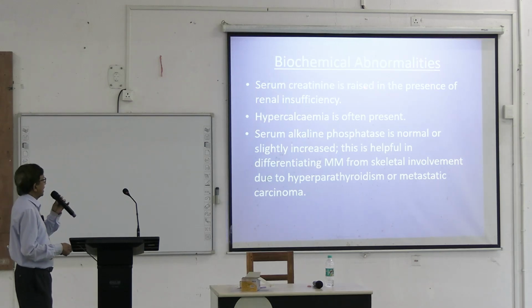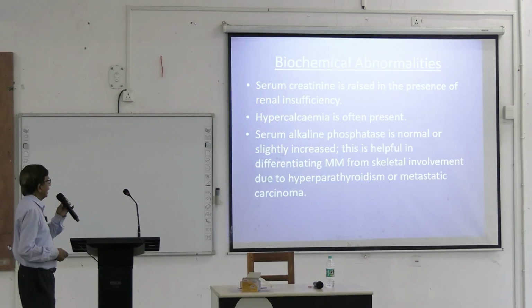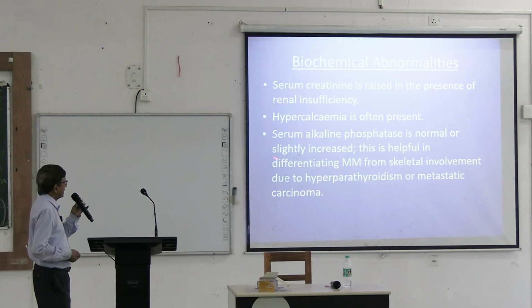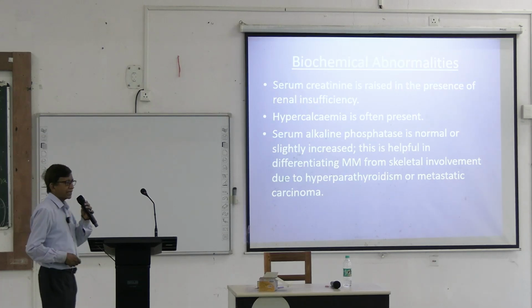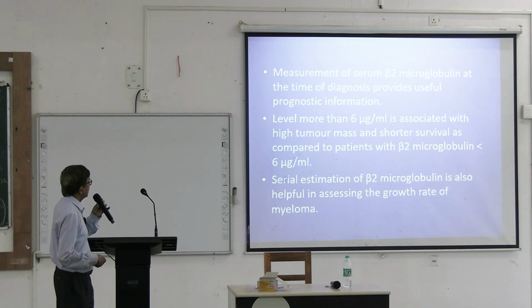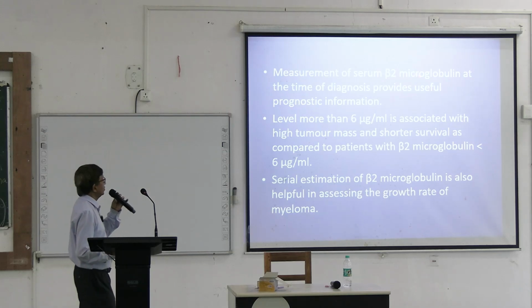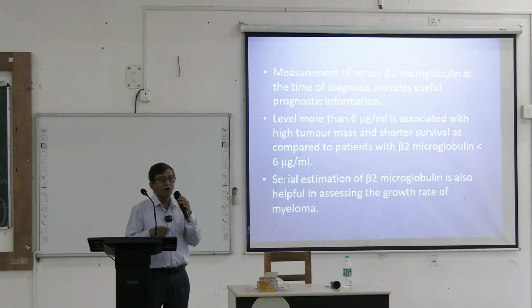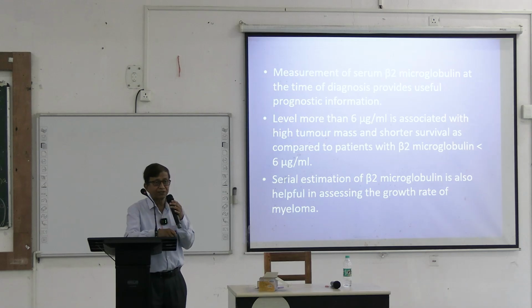Serum creatinine is high. I have told you hypercalcemia, alkaline phosphatase. It's an accessory investigation, etc. Beta 2 microglobulin is often found in your MCQ questions. Causes of rise of beta 2 microglobulin.